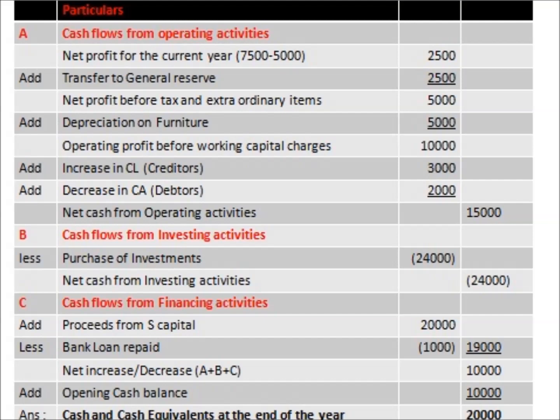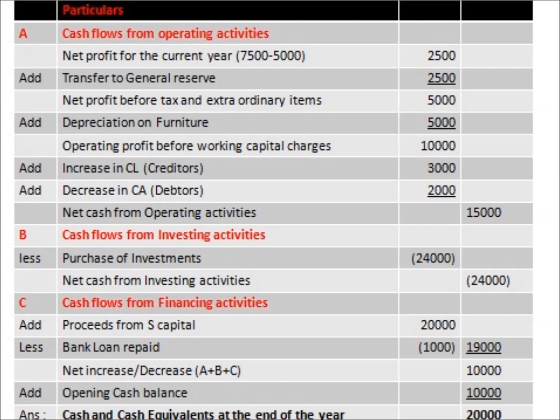Then we have transferred some amount to general reserve, that is to be added to the net profit. That difference is 2,500. So you are getting a figure called net profit before tax and extraordinary items: 2,500 plus 2,500 comes to rupees 5,000.